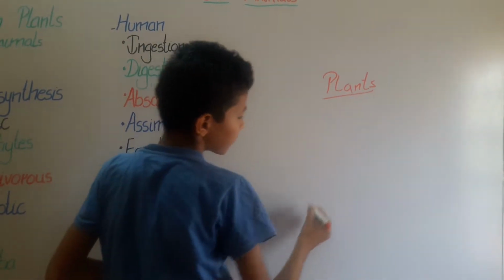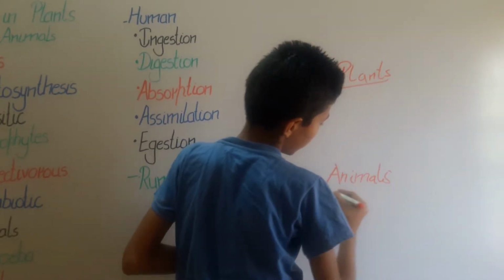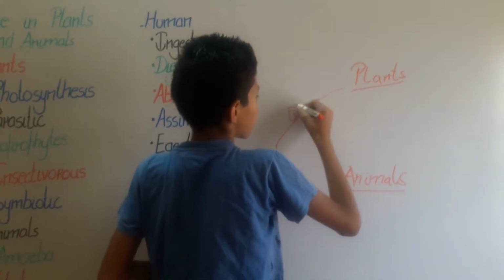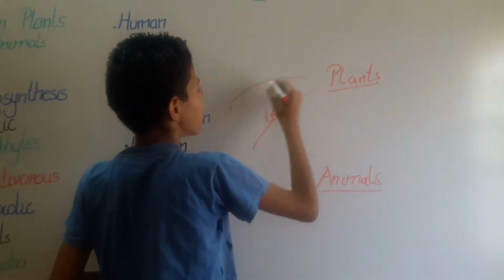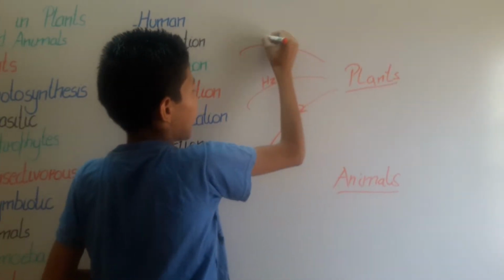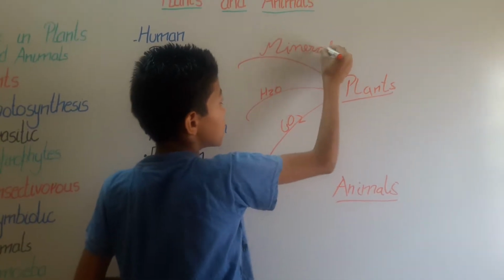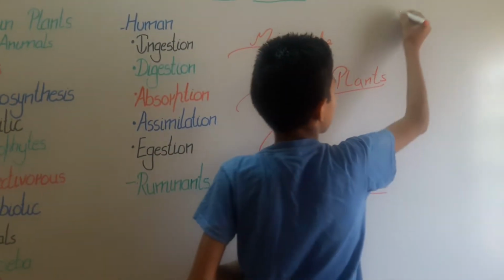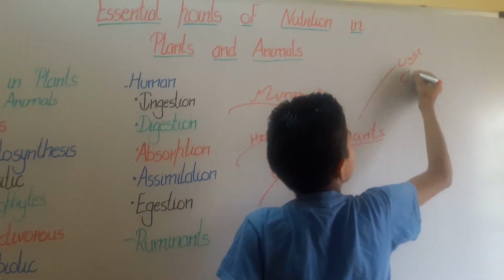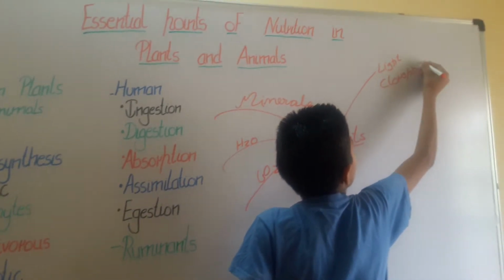These are plants and these are animals. Plants make food using CO2, carbon dioxide, H2O, water, and minerals in the presence of light and chlorophyll.